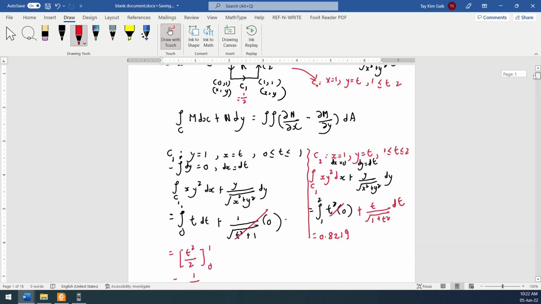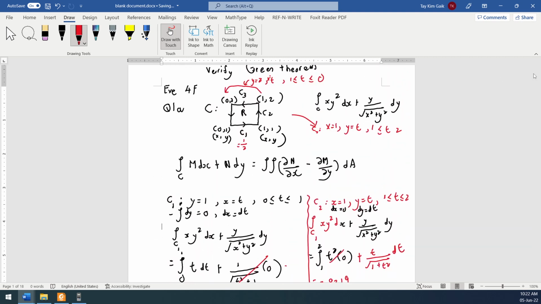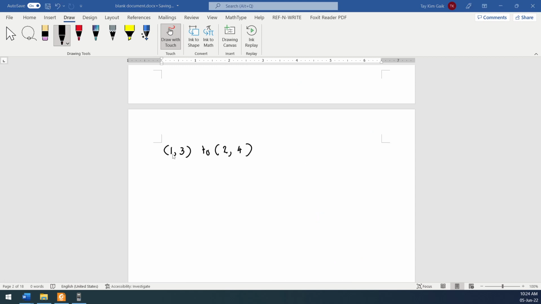If, doctor, the limit is not constant, for example (1, 3) to (2, 4), how do we determine the limit? If the question has no constant coordinate like this, from (1, 3) to (2, 4), you may sketch it.